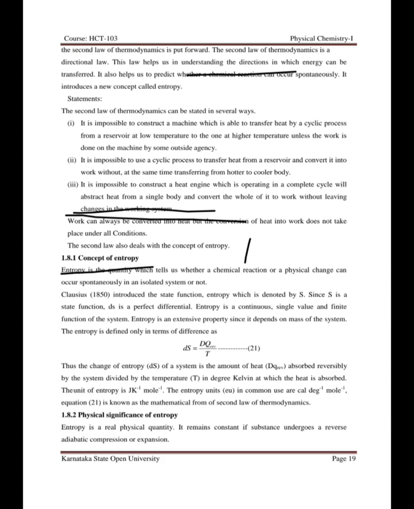Entropy is the quantity which tells us whether a chemical reaction or physical change can occur spontaneously in an isolated system. Entropy is denoted by S, delta S is the change in the entropy, and delta Q is the amount of heat absorbed by the system.